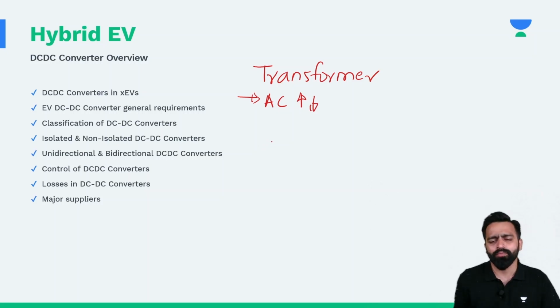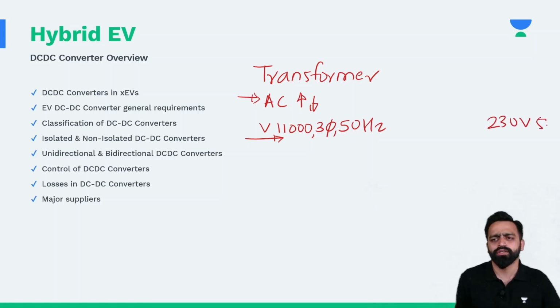Now what that transformer does, it is getting an input of 11,000 volt, 3 phase at 50 hertz frequency. But at our home, we require 230 volts, 50 hertz, which is single phase. So what the transformer does, it steps down this voltage of 11,000 volt to 415 volt, 3 phase.